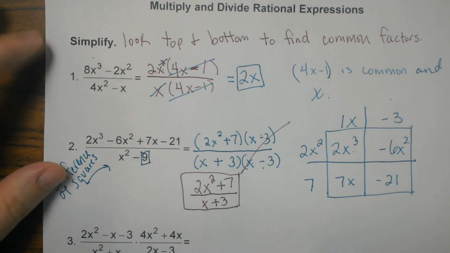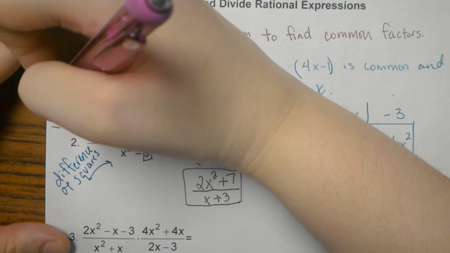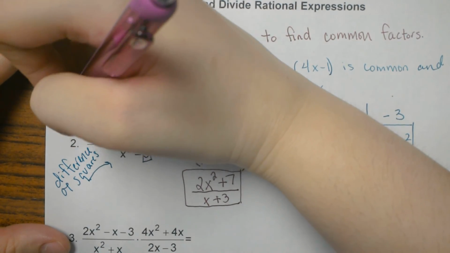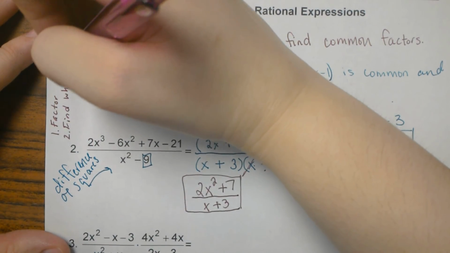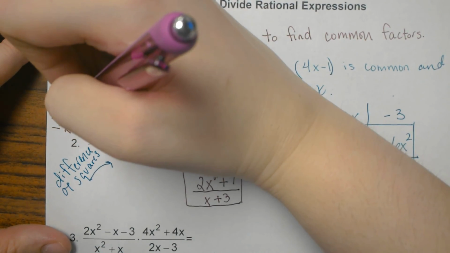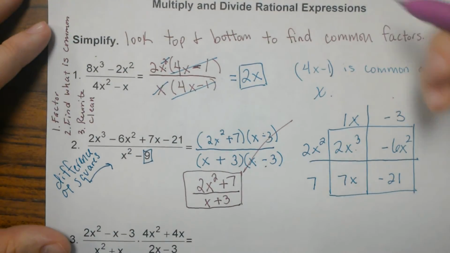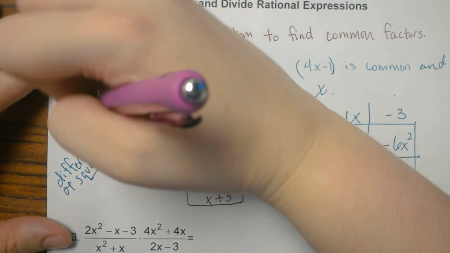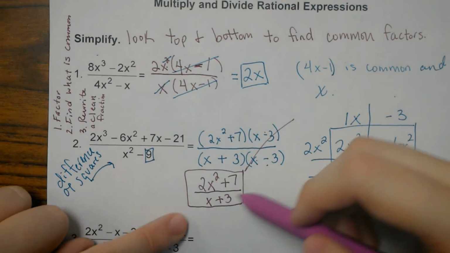So for 1 and 2, I needed to factor and find what was common. And I'm going to rewrite a clean fraction. So this is all cleaned up.